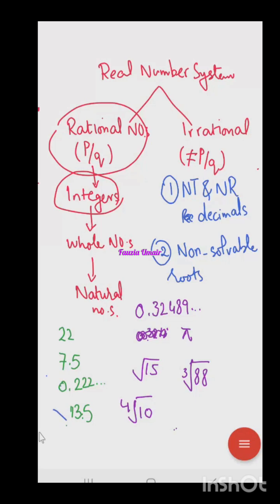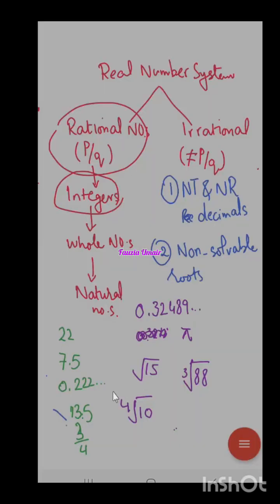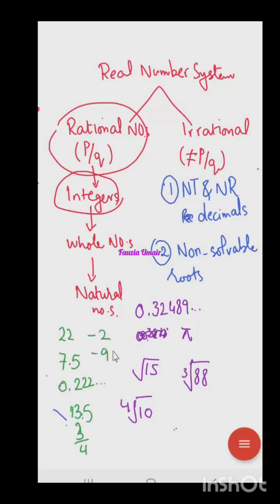Excellent. So a different type, 3/4. So there is no negative number. So can anyone tell me some negative number as well? Arslan is saying -2. Excellent. Hafs is saying -999. Very good. -2, -999. They are all rational numbers. Okay? So I hope this is clear.